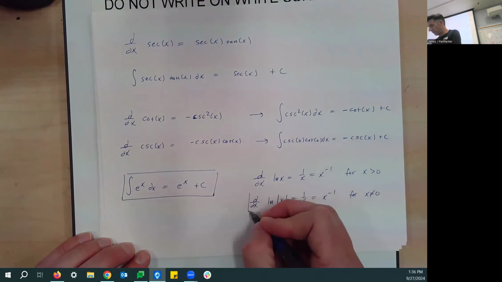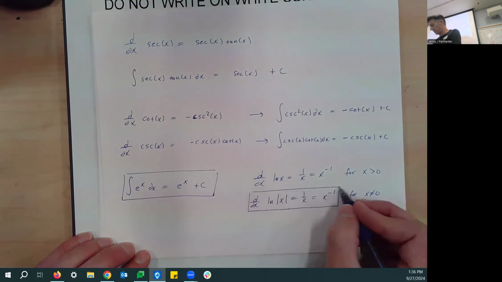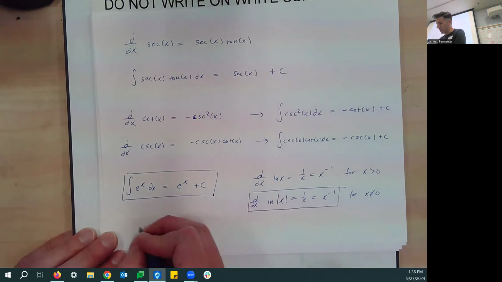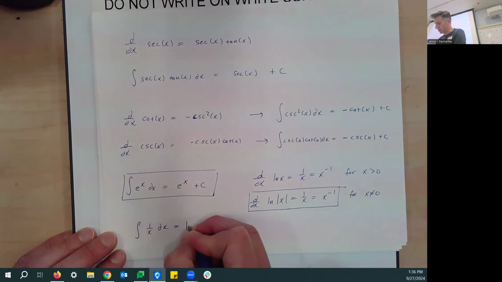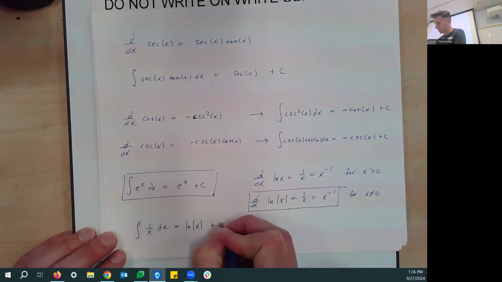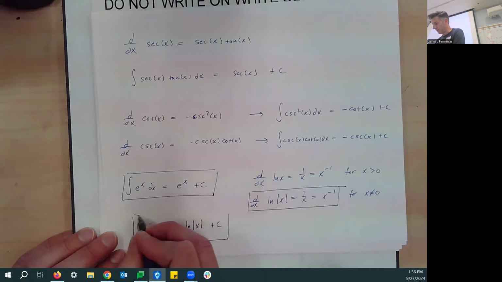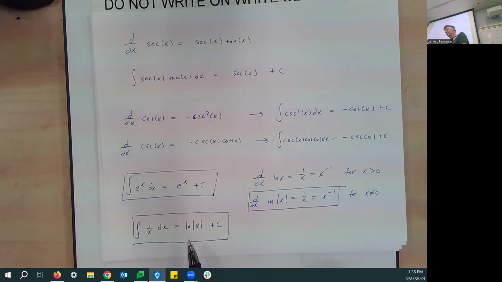So this is what we prefer when we start talking about anti-differentiation, because you can say the antiderivative of 1 over x is equal to the natural log of the absolute value of x plus c. Because exactly the derivative of that is equal to that, so the antiderivative of that is equal to that. Back and forth all the time, every time, always.